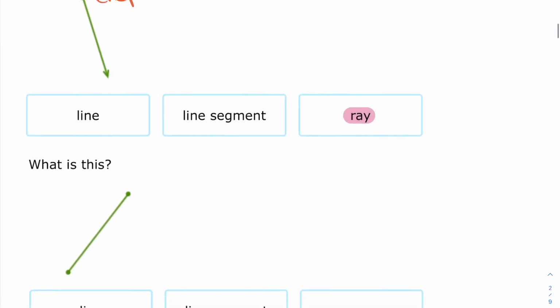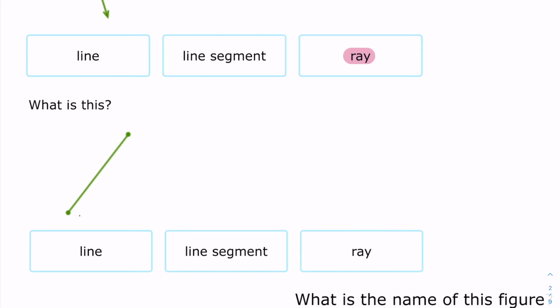And then we have another one, where we have an endpoint here and an endpoint here. I'm just labeling them. You don't have to label them. I'm just showing you that this is a line segment because it has two endpoints. Okay, so that's how we determine whether it's a line, a segment, or a ray.